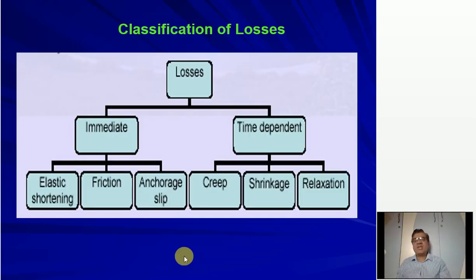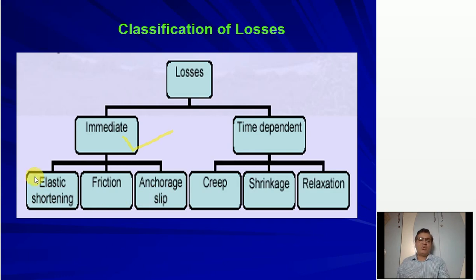Another type of classification is immediate losses and time dependent losses. Immediate losses are also called instantaneous losses. These immediate losses are nothing but the losses which occur immediately after the jacking. In this we have three different losses. One is elastic shortening, second one is friction, and third one is anchorage slip.